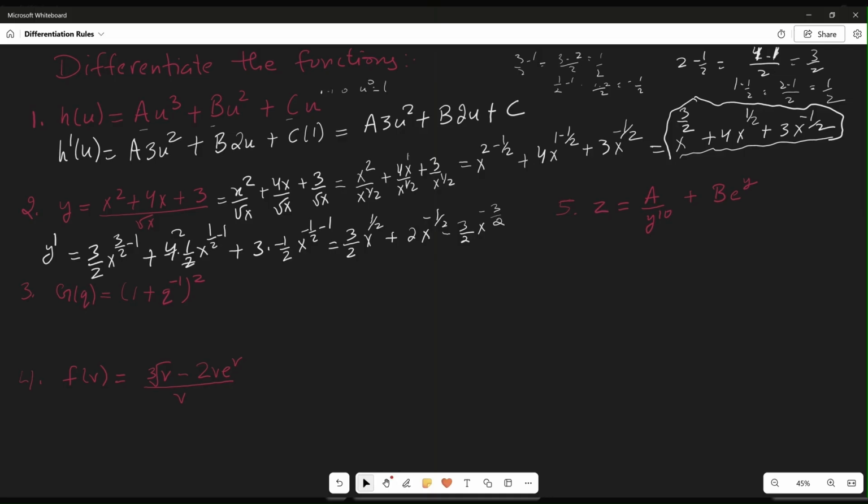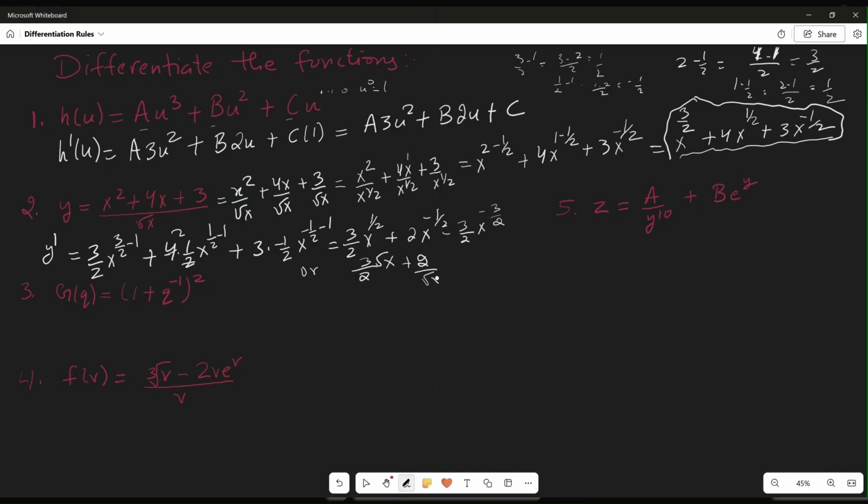Or you can write this as 3 divided by square root x. My bad, this is positive, plus 2 over, this is negative, right?